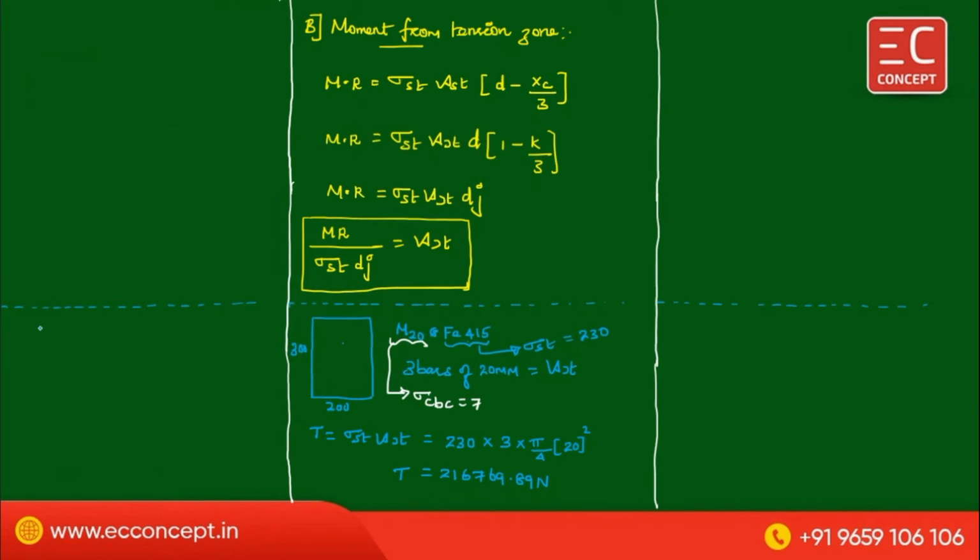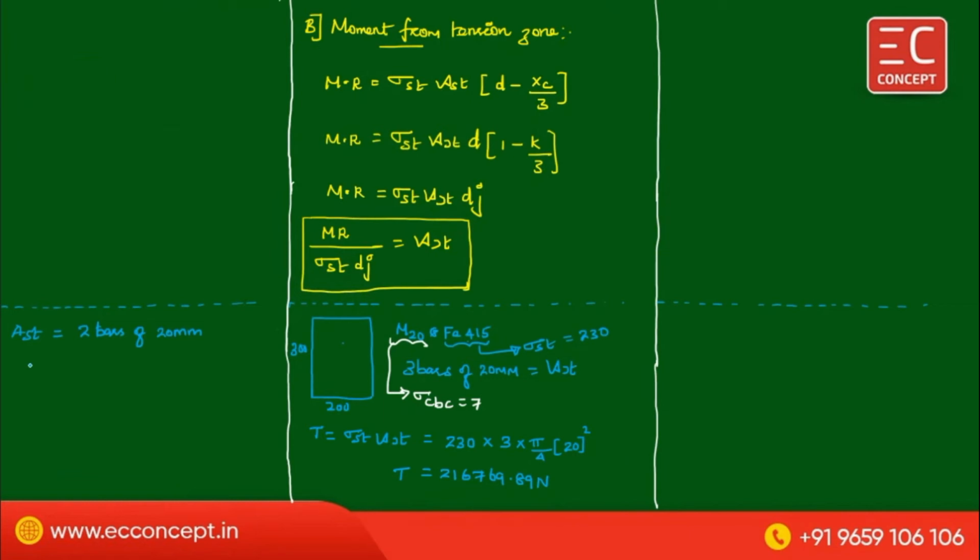Now all others are the same, but I am reducing the area of steel to 2 bars of 20 mm diameter. Then what will happen? The steel fails first.